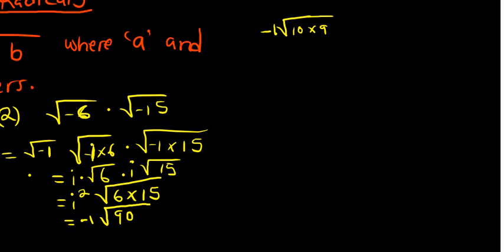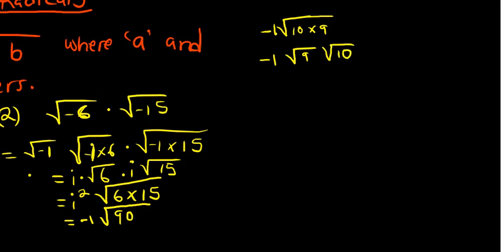Then you're going to remove the square root of 9. So the square root of 9 will be 3. Then 3 times this -1, let's write it here, where you have 9 here, then you have 10 here.